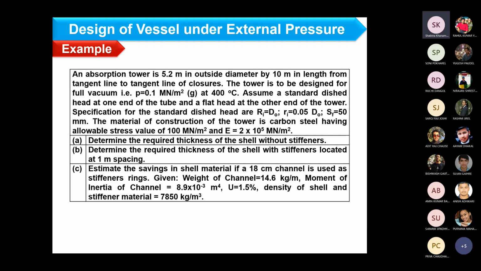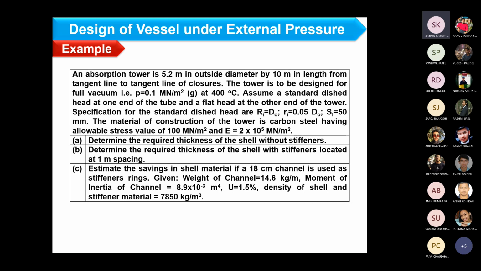Small ri is the knuckle radius, which is equal to 0.06 Do. You will be aware of capital Ri and small ri. SF is the straight part in the head, that is 50 mm, which we have already discussed in design of heads.